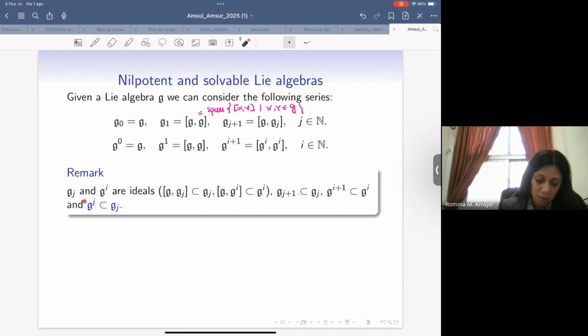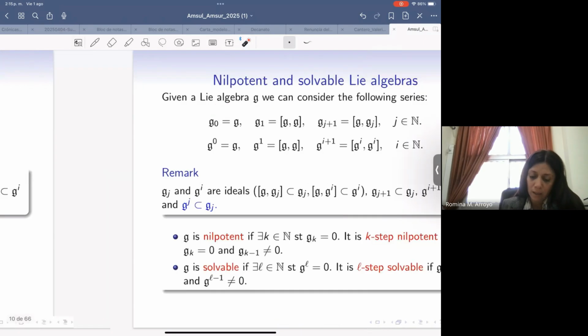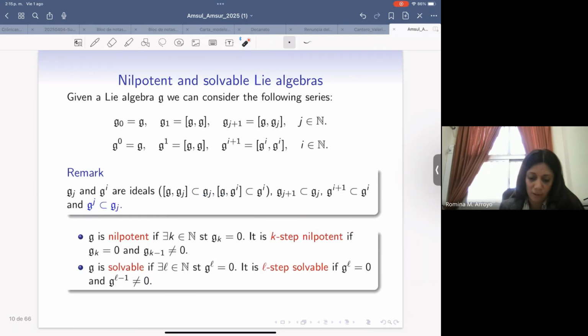But we also have this other condition, which relates one ideal of this series with one ideal of this other series. A Lie algebra is called nilpotent when at some point one of these ideals is zero. So the series stops at some point k.